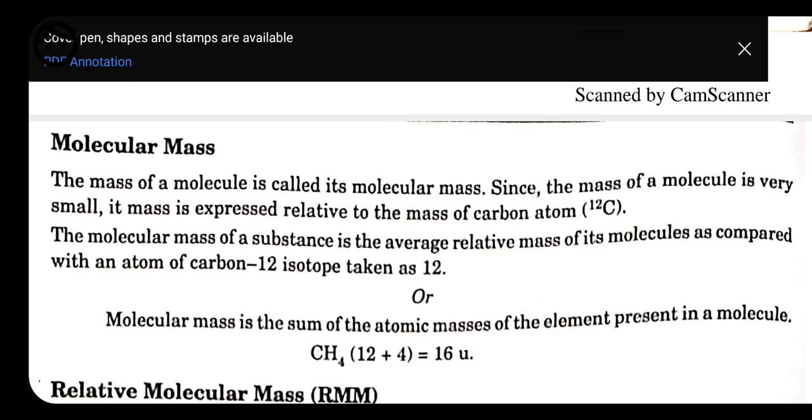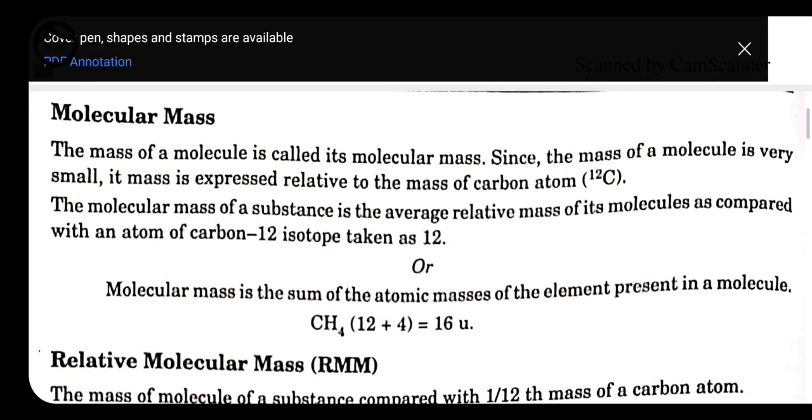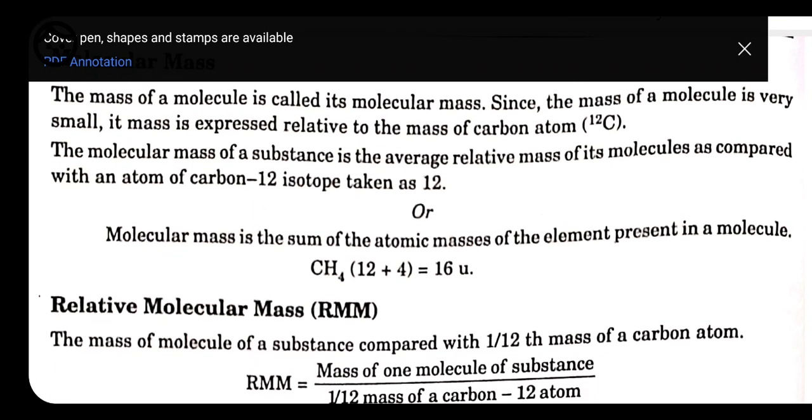We have also discussed that if we need to calculate the molecular mass of something like CH4, the mass of carbon is 12, the mass of hydrogen is 1, but here we have 4 atoms of hydrogen. That's why we multiply by 4. That is 4 plus 12, which is equal to 16 U. In this way we can calculate the molecular mass of any molecules or compounds.